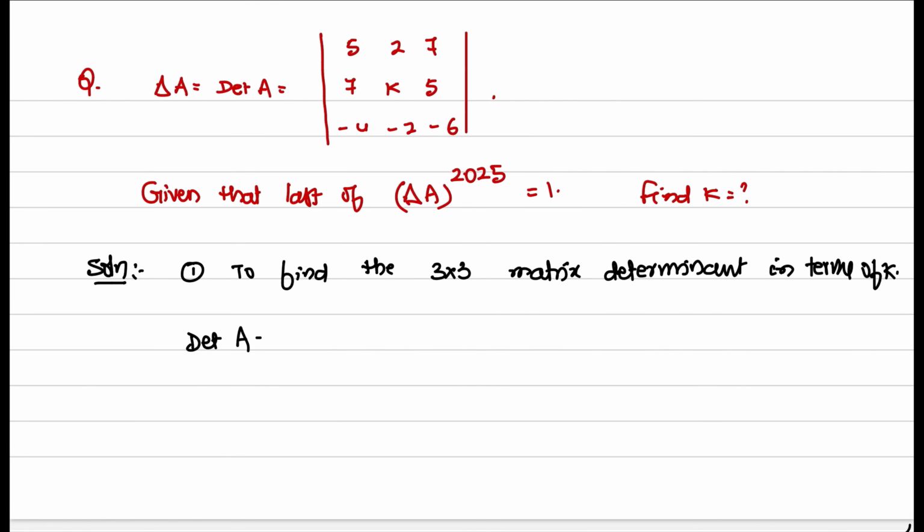Determinant A is equal to delta A is equal to determinant of 5, 2, 7; 7, k, 5; minus 4, minus 2, minus 6. That implies, because we have already seen how to find the determinant of a 3 by 3 matrix.